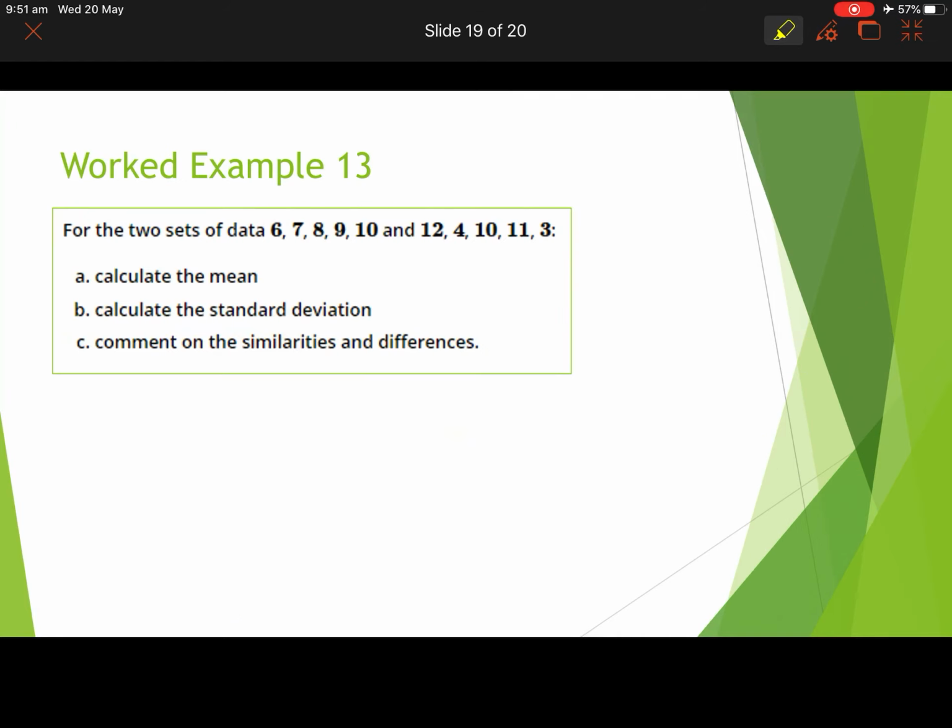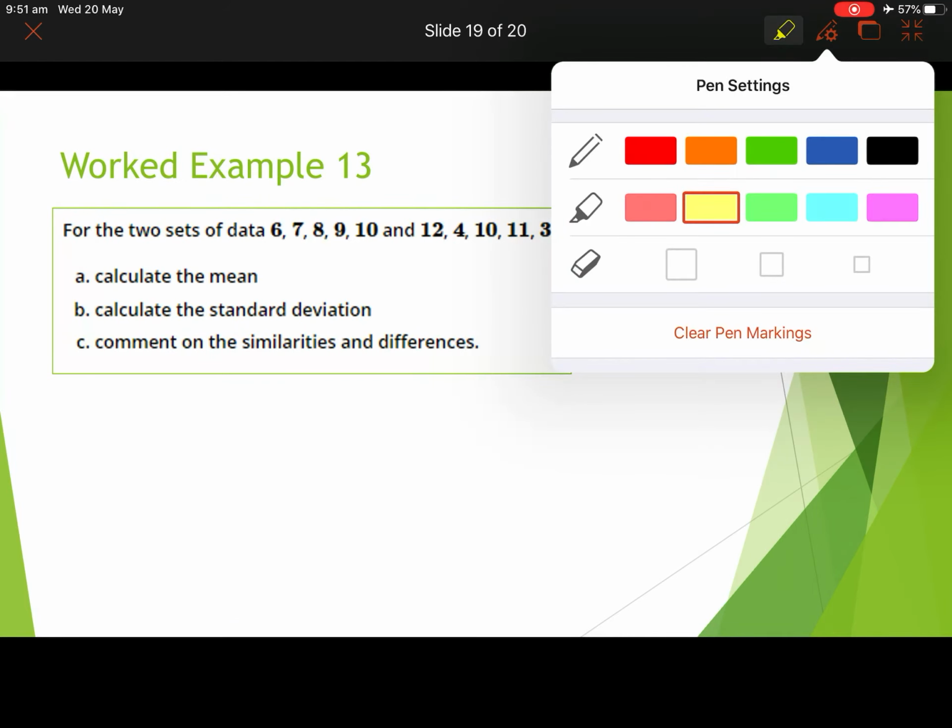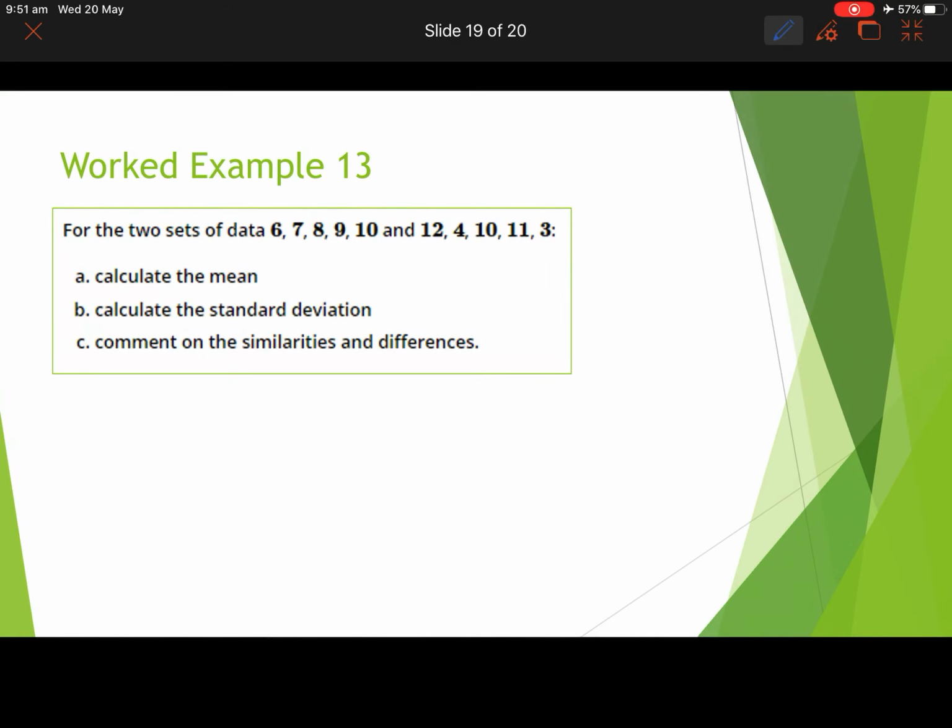So let's do an example. I'll get a pen. For the two data sets, A, calculate the mean. Let's call this first set x1 and this x2.